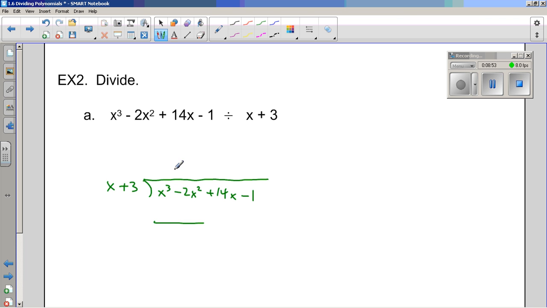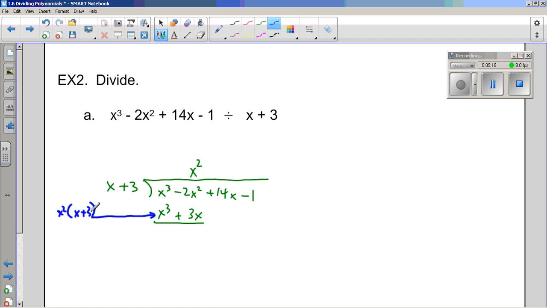Well, if this was x cubed, it would work, right? So what would I multiply by? X squared. And let me show you how that works. X squared times x plus 3 is x cubed plus 3x squared. Well, that was right here. I have x squared times x plus 3.